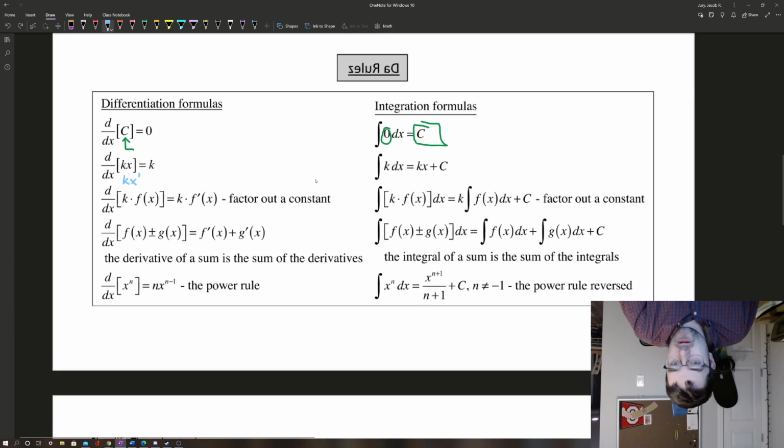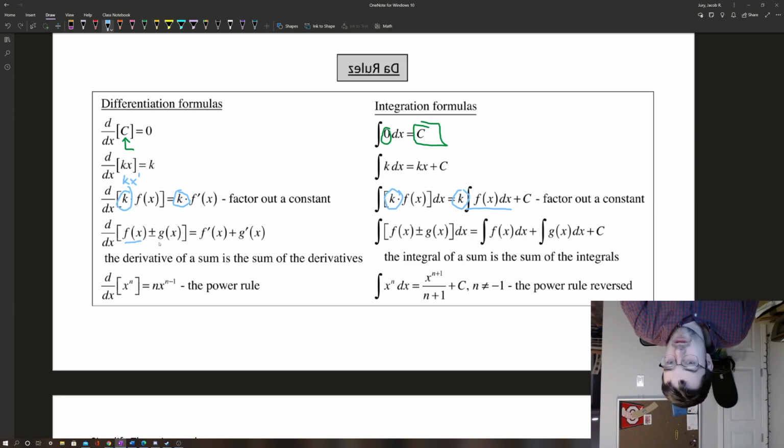And if we follow along the same line of thought, if we have a constant in our derivative, then we can move that constant to in front of the derivative operation and then take the derivative separately. Likewise, with an integral, if we have a constant in our integral, we can pull that out of the integral and integrate just f of x separately.